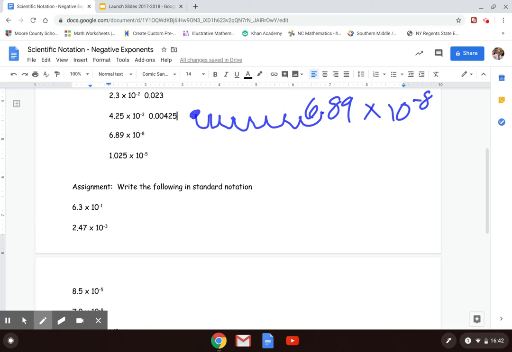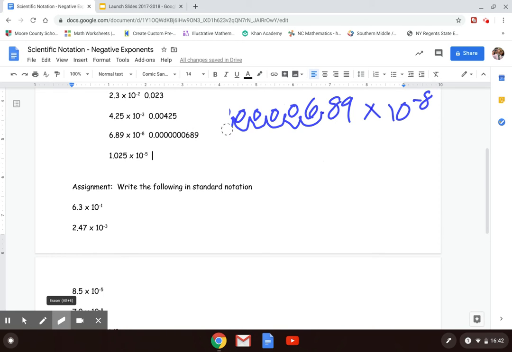I'll insert a 0 there, and in each of these places I put a 0 as a placeholder. When I type my answer, I'm going to have 7 zeros, and then 6, 8, 9. So that's your answer for that problem.